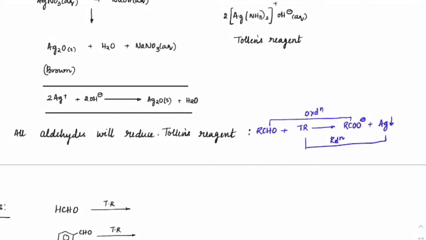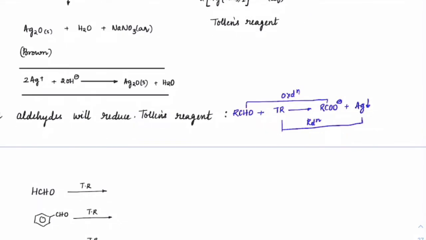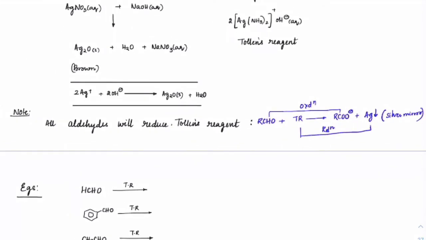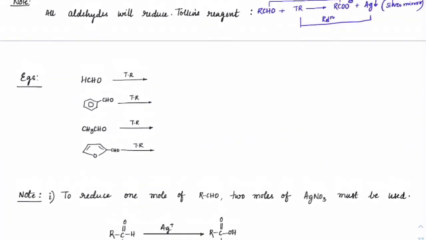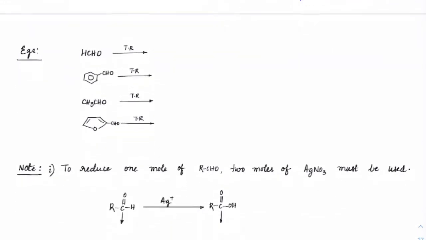So this reduced silver will look like a silver mirror, and that's how we confirm the presence of aldehydes. What are the reactions that happen with various aldehydes?